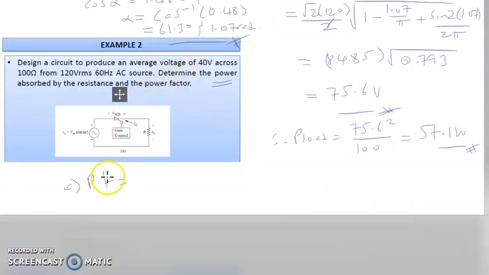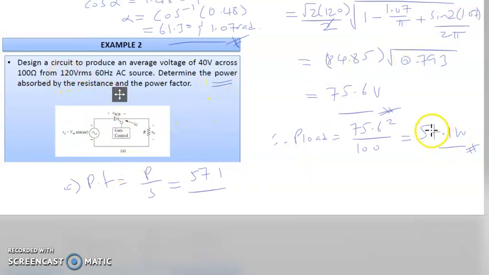So what about the power factor of the circuit? So power factor equal to P over S. So P we have calculated, 57.1 watt. What about S? S is the amount of input voltage RMS, which is 120 volt, times the current.